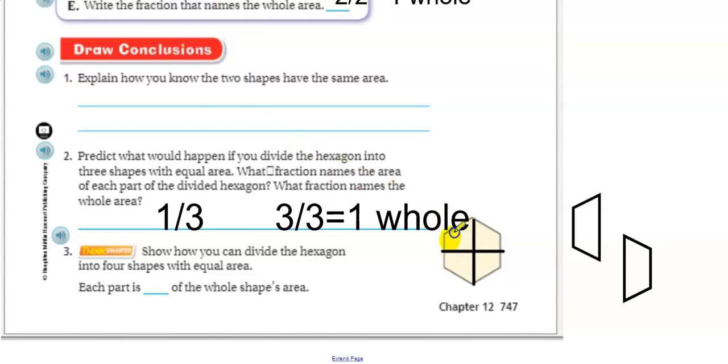If we just highlight this part right here, you can see that that is equivalent to 1/4. So you have 1/4 of the whole area's, the shape's area. So there's 1/4, 2/4, 3/4, 4/4. You have 4/4, but the one part that we're talking about is only 1/4.